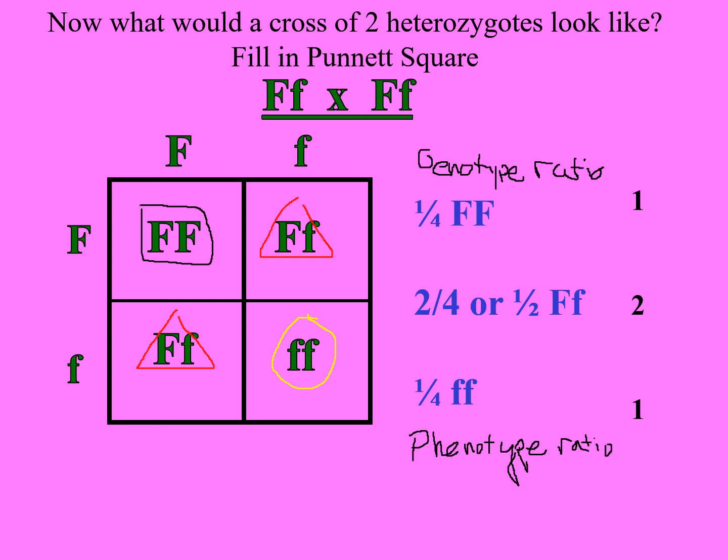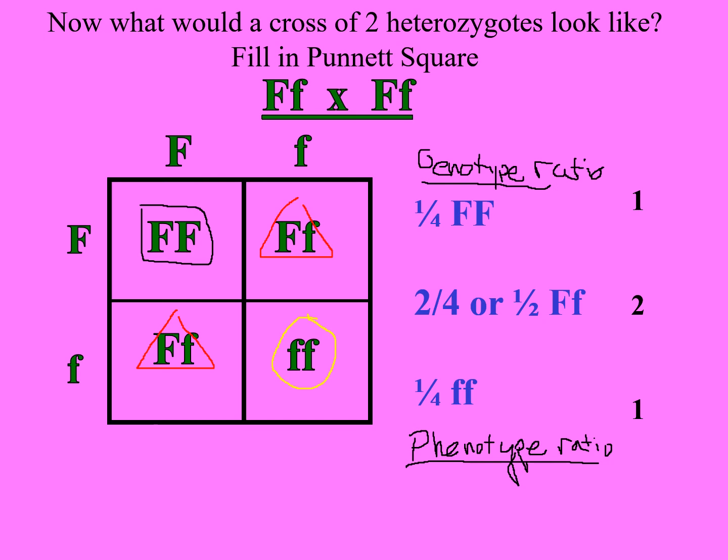The phenotype ratio wouldn't match these numbers. Because again, for the genotype you have 1/4, 25%, homozygous dominant, 2/4 heterozygous, and 1/4 homozygous recessive. That's the genotype ratio. The phenotype ratio is which kids would show the trait we're looking at, in this case, freckles.